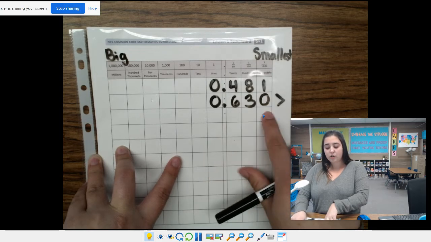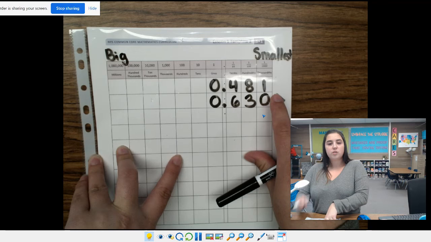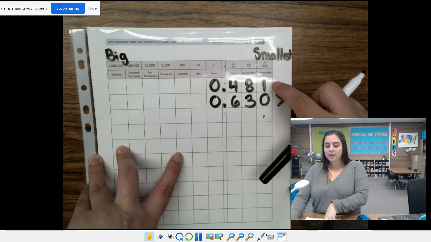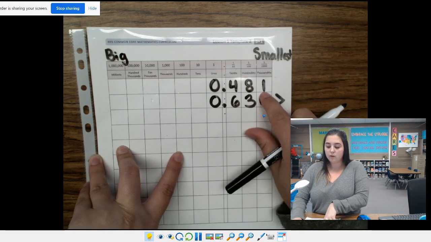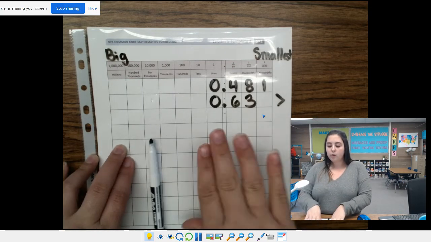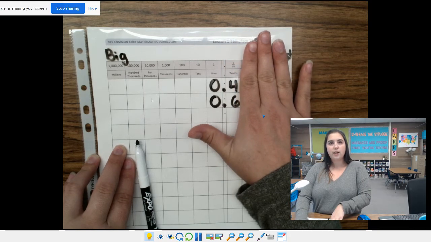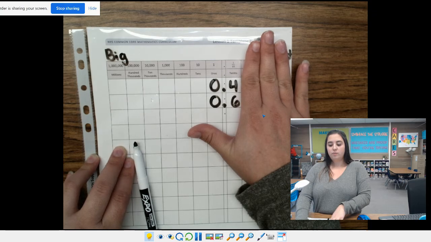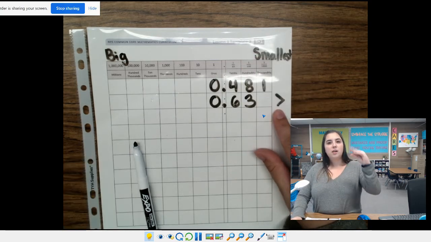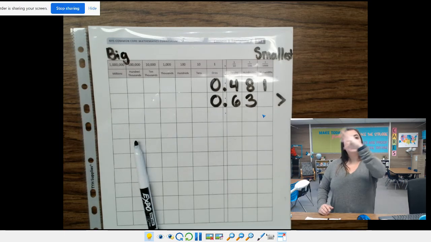Obviously, 630 is larger than 481. So don't let them trick you. Just because one has a larger number of digits doesn't mean it's always greater. Write them on your place value chart and reveal them one place value at a time to compare the numbers to see what is larger. And remember, of course, our little alligator or shark, our symbol, is going to eat the larger of the numbers.